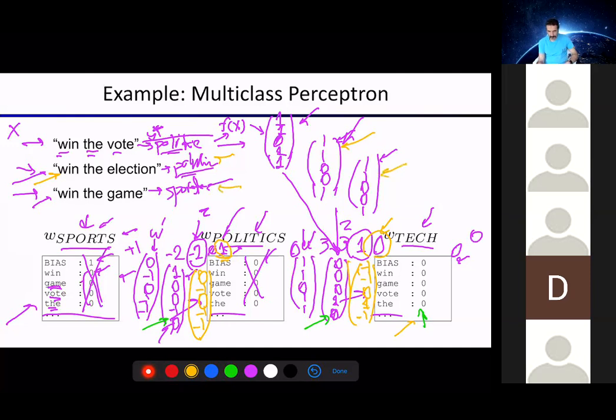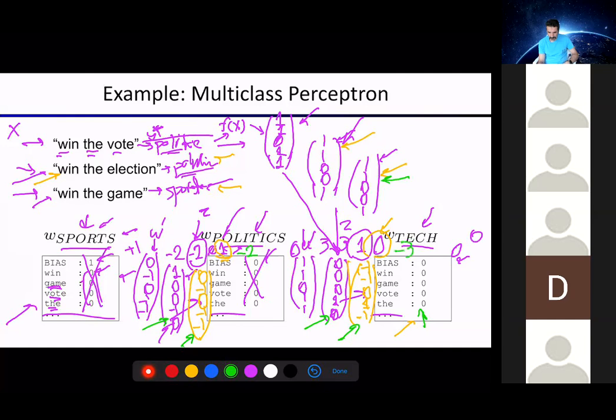And then we go through the third example. Let's see whether the current weight vector makes the correct decision for this. Again, the activation would be 0, -1, 0, 0, -1, -2 in total. For this one it would be -1, -2, 0, 0, -3.